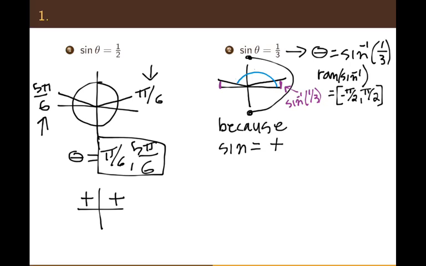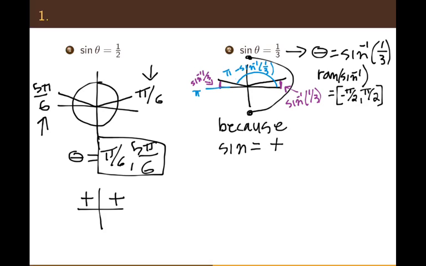And I know that right here is pi. So my solution in the second quadrant, the blue angle, has to be pi minus sine inverse of 1/3.